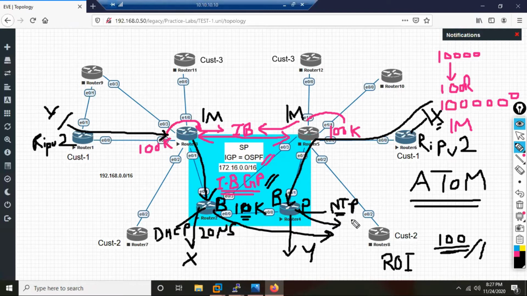Maybe we can even provide you SNMP services, monitoring services, maybe syslog services. So they started offering monitoring services to customers.